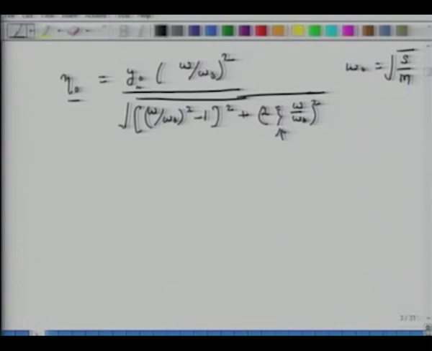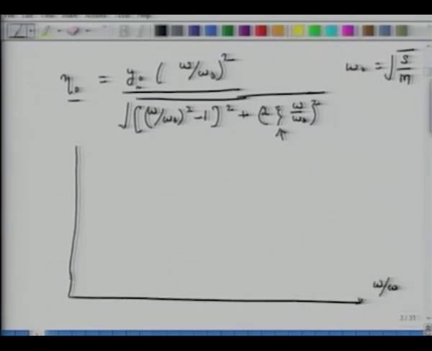So what I'll do is I'll now plot this relation. What this is telling me is how the magnitude of eta naught and y naught are related, right? So I'll construct some plots. On my x-axis I have this parameter omega over omega naught, and on my y-axis I have eta naught over y naught, and this is a linear scale.